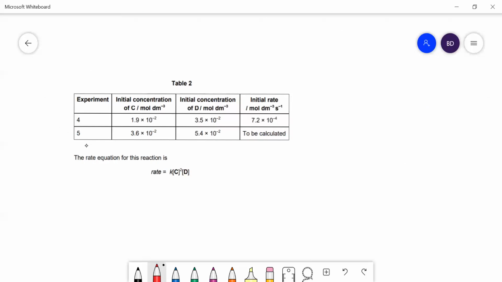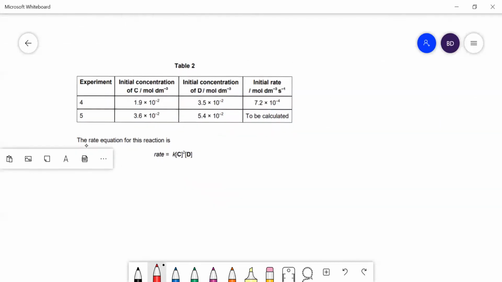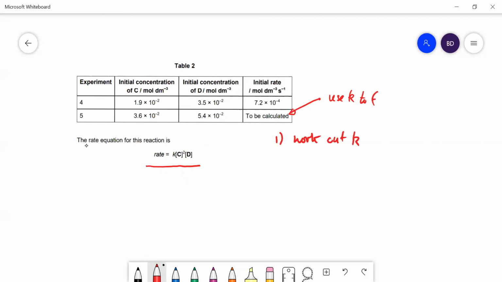Right, you get a lot of these number crunching questions here. Now they tell us the rate equation here. Look, it's rate is equal to k c squared d to the power of 1. So first of all, we can work out what k is. And then we can use k to find this initial rate.